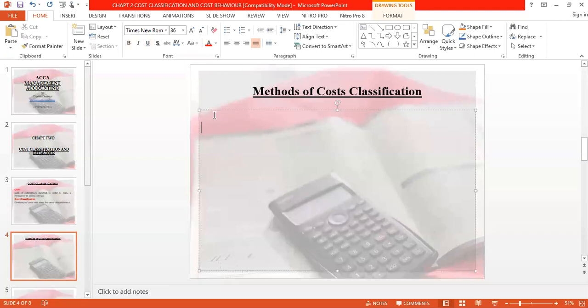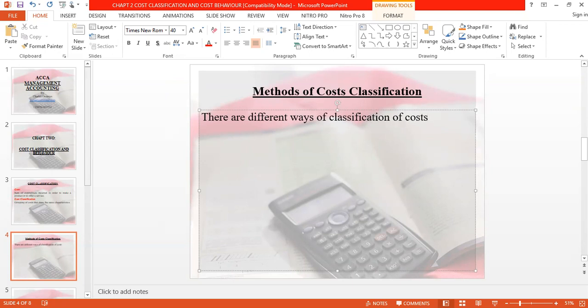Now, we can start by saying there are different ways of classifying costs.